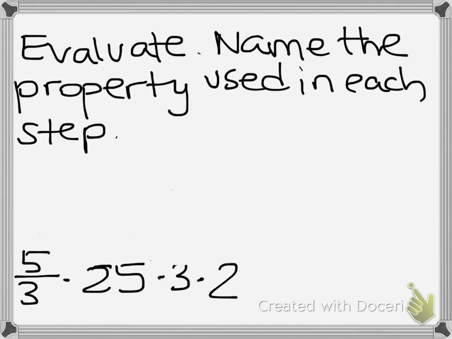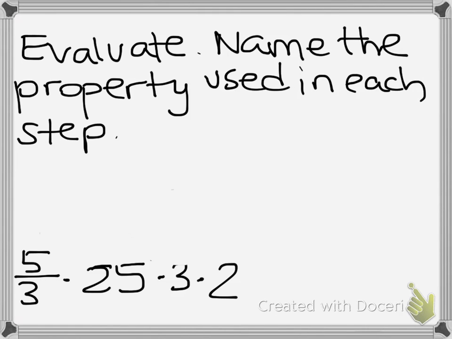So I probably don't want to do a fraction times a large whole number unless they're compatible. So maybe I wanted to start by doing 5/3 times 3, since they both have 3's in them.